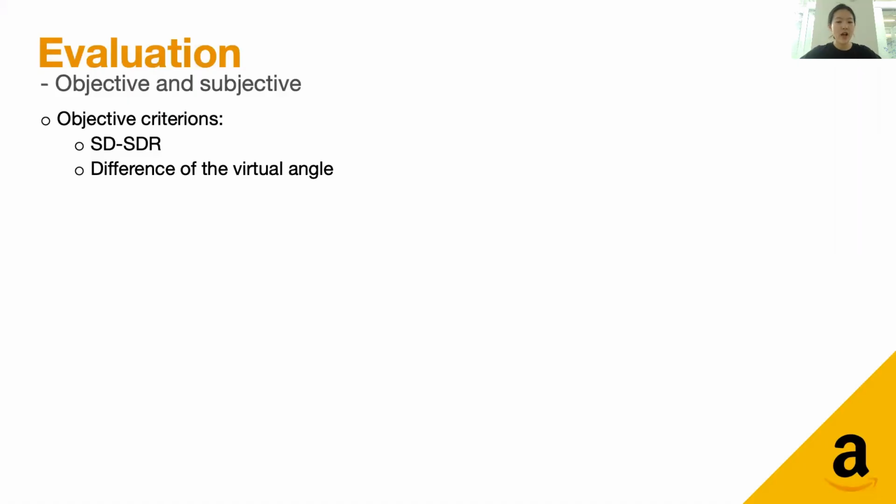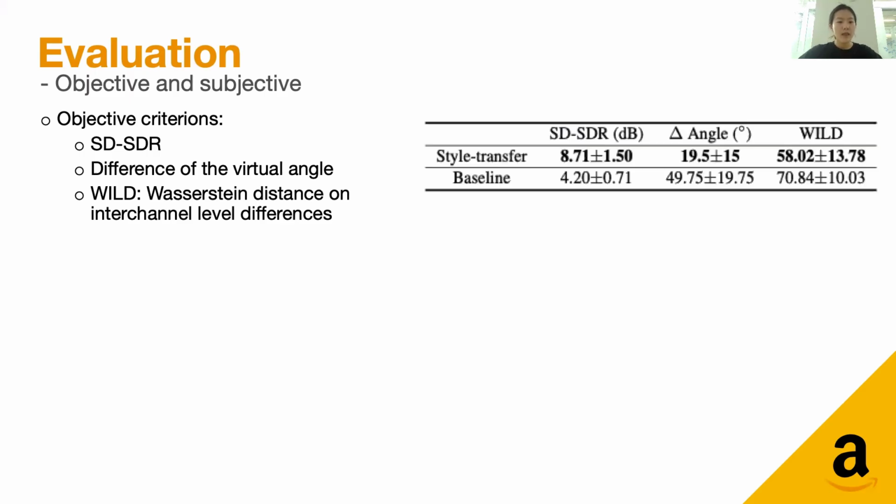Difference of the virtual angle measures how much the virtual angle of the output diverts from the ground truth one, and we want this number to be as small as possible. WD measures the Wasserstein distance between the distribution of the ground truth interchannel level difference and that of the predicted ones. This table shows that our upmixing method outperforms the baseline in every criterion.